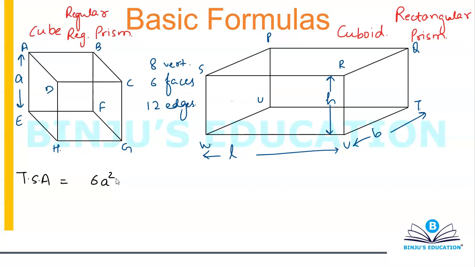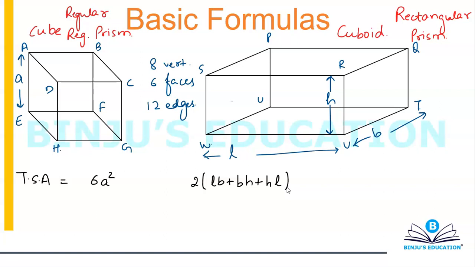When you come to cuboid or rectangular prism, the total surface area is going to be twice (LB plus BH plus HL). You can think of this in these terms: you have two faces having dimensions length and breadth, two faces having dimensions breadth and height, and two faces having dimensions length and height. So it's made up of three different types of rectangles.